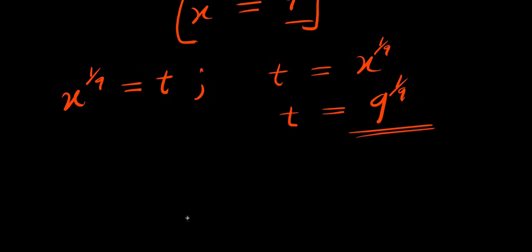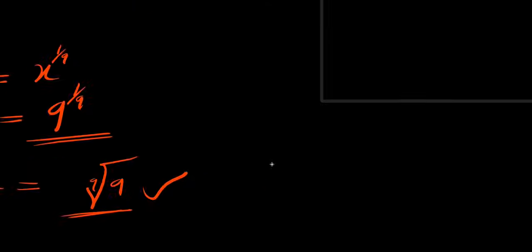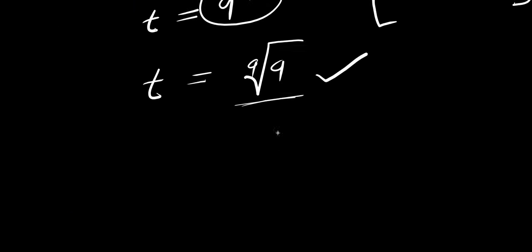If this is so, then remember the same identity: the x-th root of x equals x^(1/x). So this will be t equals the 9th root of 9. And this is exactly the same solution we had here.